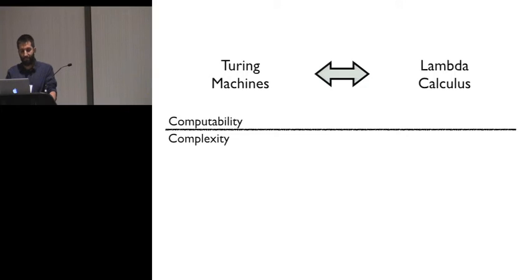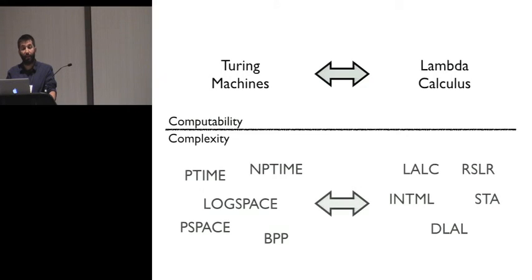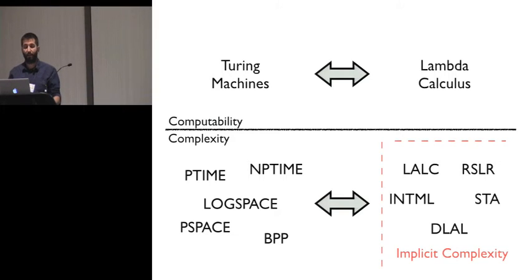Maybe you are a bit less familiar with the fact that we can do the same also for complexity classes. People have designed different programming languages that correspond to the different complexity classes that we can identify on Turing machines. And indeed, this is the area of implicit complexity that aims at designing these languages. And this is the context of my talk.